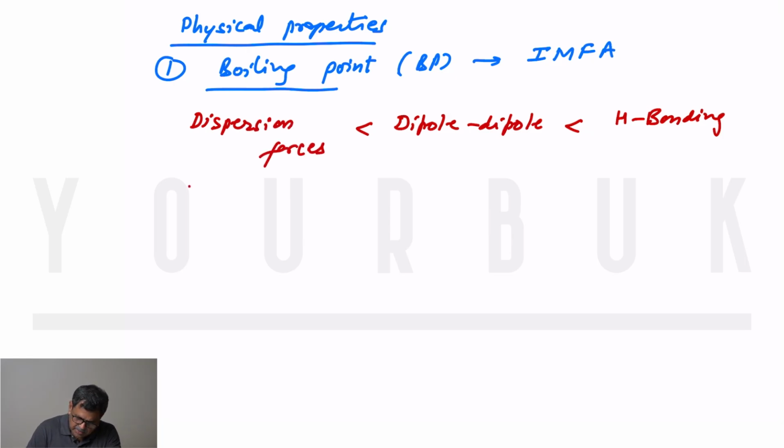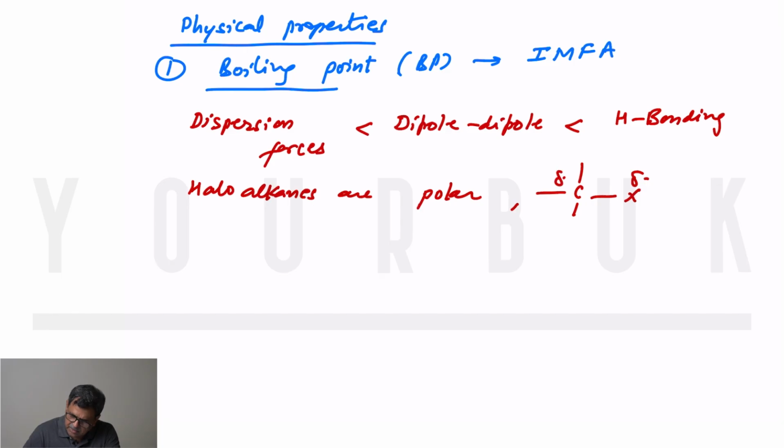Now, since haloalkanes are polar, right? This bond is polar in nature. X is negative, carbon is positive.